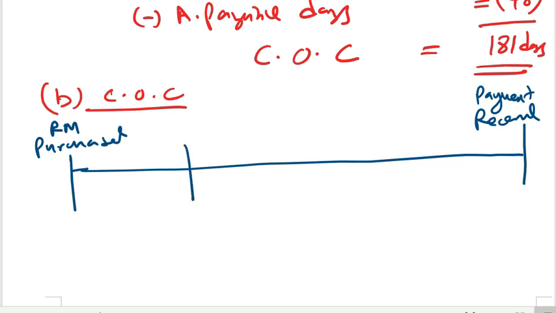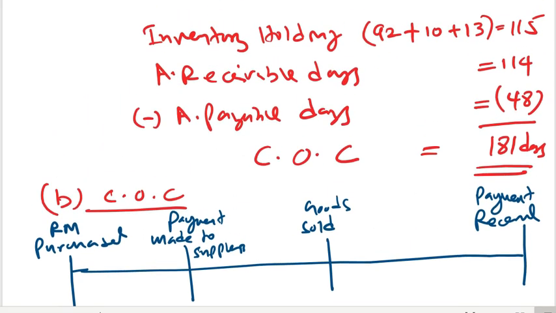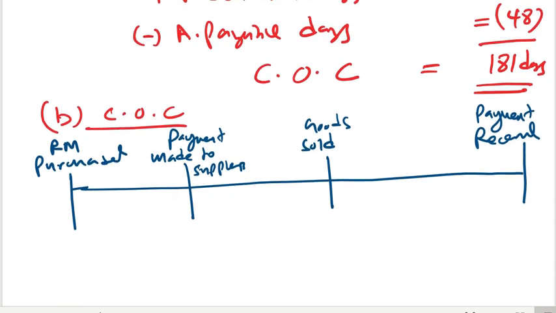So let's say this is payment made to suppliers. Then goods sold. So within how many days you settle your suppliers, which is 48 days. So let's say this is 48 days.